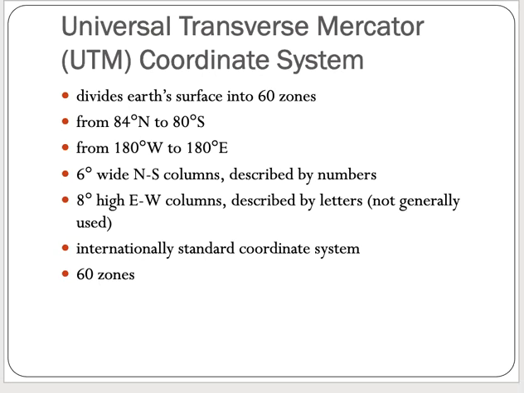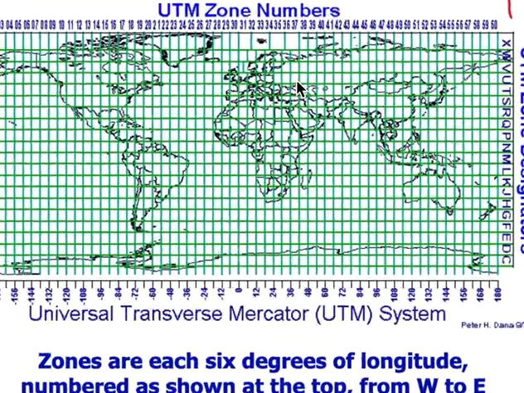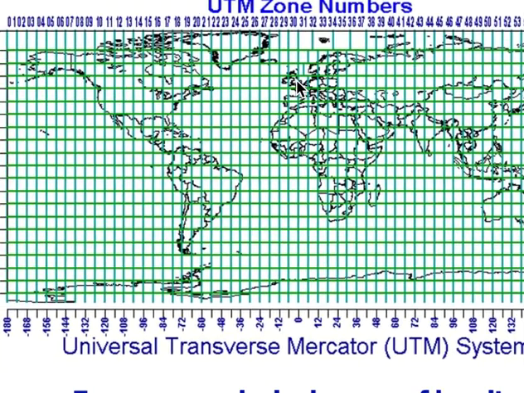So the universal transverse Mercator coordinate system divides the Earth's surface into 60 zones, like we see here, 0 to 60. And I could zoom in, so 0 to 60.